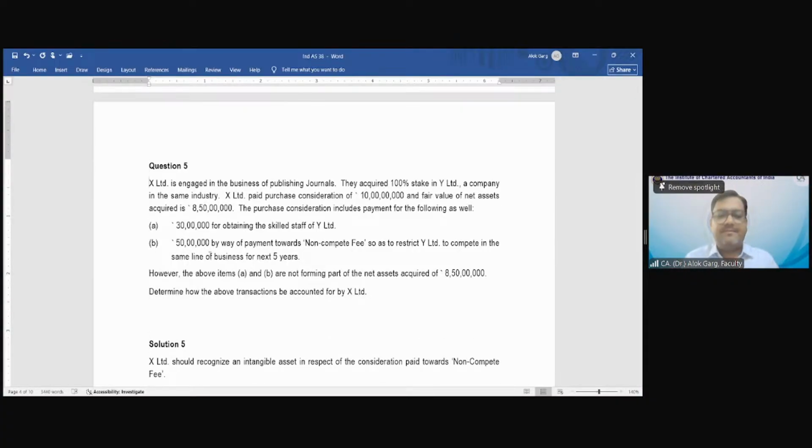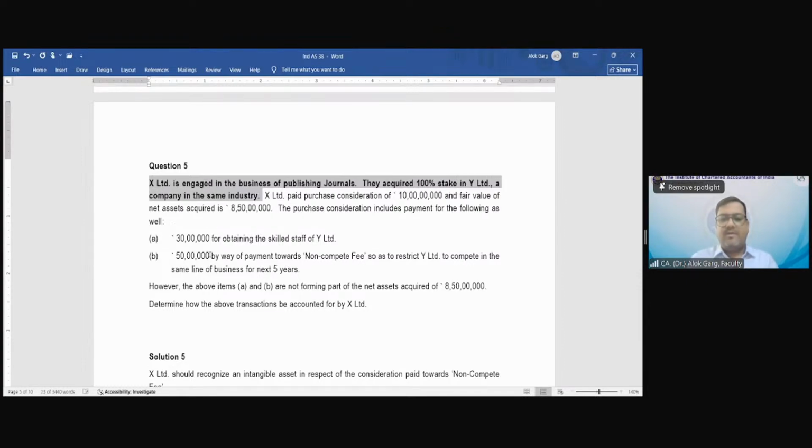X Limited is engaged in the business of publishing journals. They acquired 100% stake in Y Limited, a company in the same industry. X Limited paid purchase consideration of 10 crores, 100 lakhs, 10 crores.